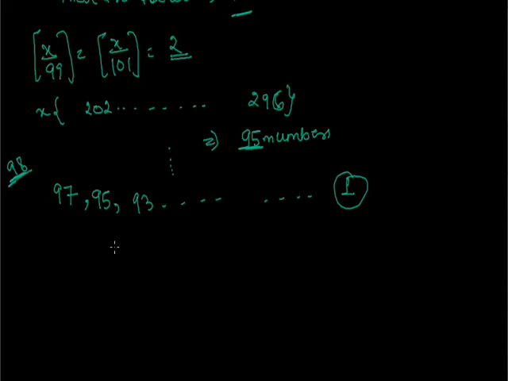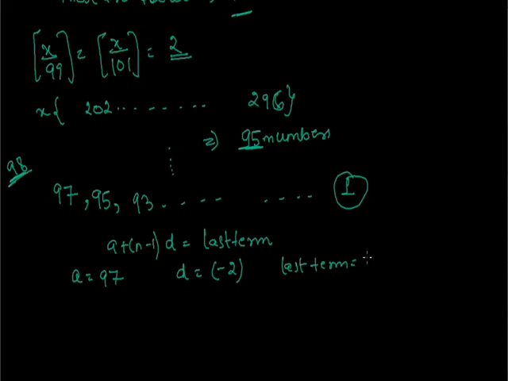Now by an AP we can say that a plus n minus 1 d is equal to the last term. So here a is equal to 97, d is equal to minus 2, and the nth term is 1. So by putting all this, 97 plus n minus 1 times minus 2 is equal to 1.